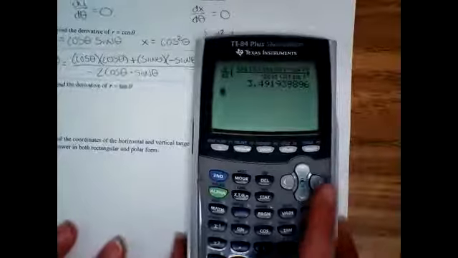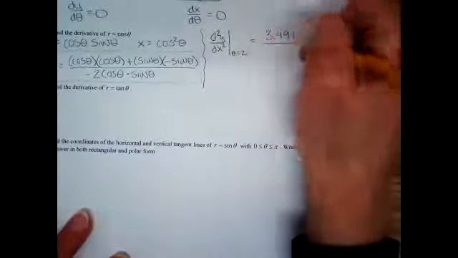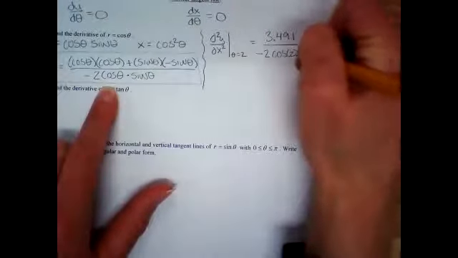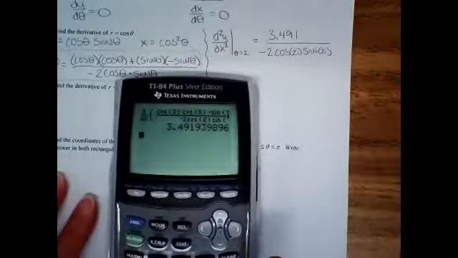All right, so we got 3.491, but you have to divide that by this at 2 again. So you're going to divide it by -2, cosine of 2, sine of 2. You can either store it, or what I would do is, do you all just have that sitting in your calculator?